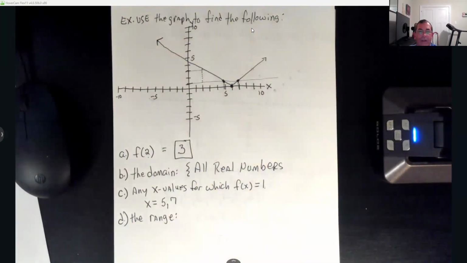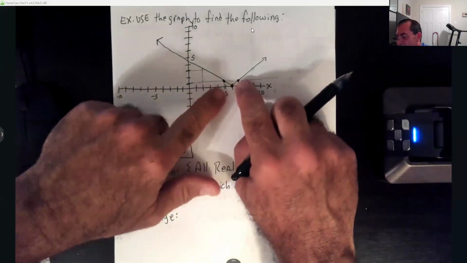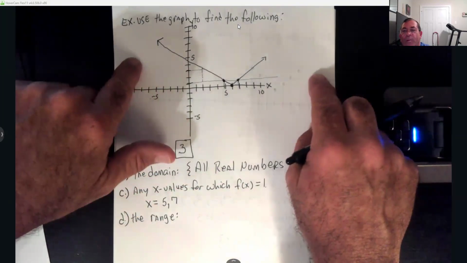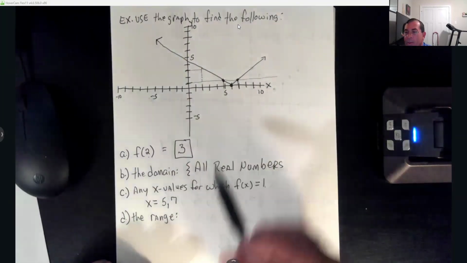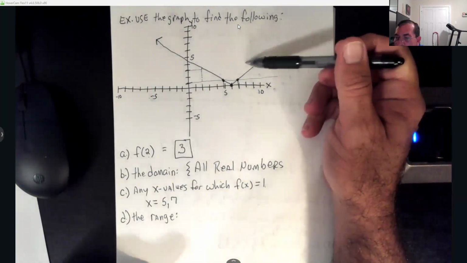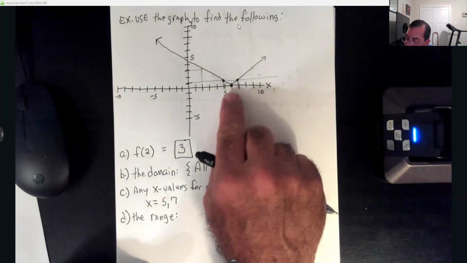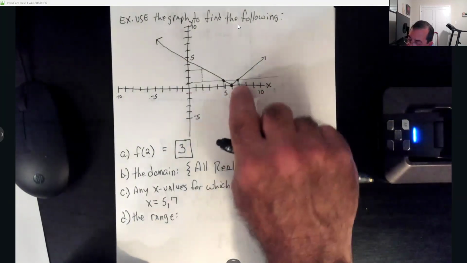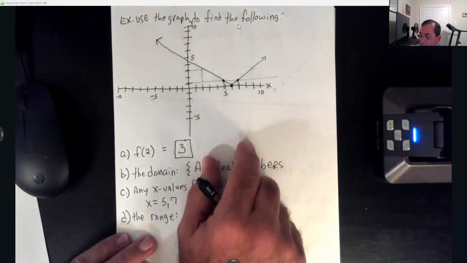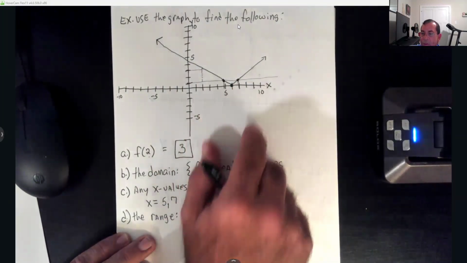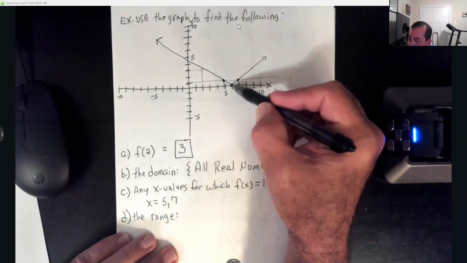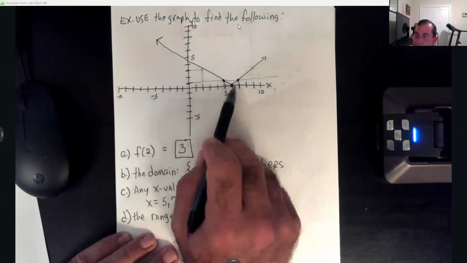And then the range. Now notice this. The domain was all real numbers because it went both directions. But my range, it's not going to be all real numbers because the range is starting at 0 and going up. It does not come down here in these negative y values. Okay? So it's only going up and it's starting at the y value of 0.